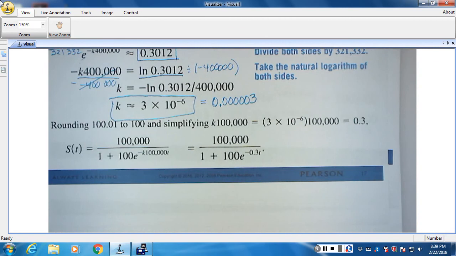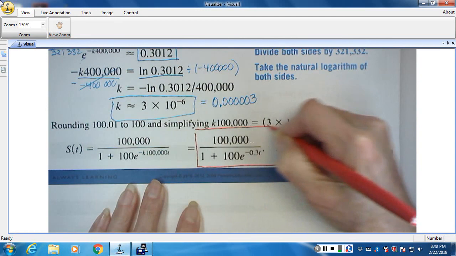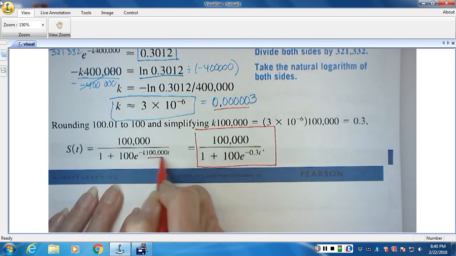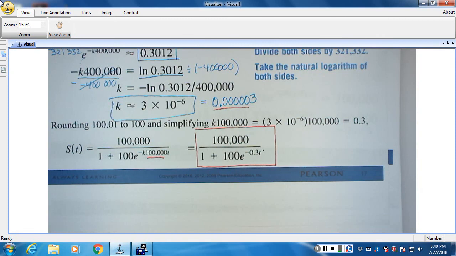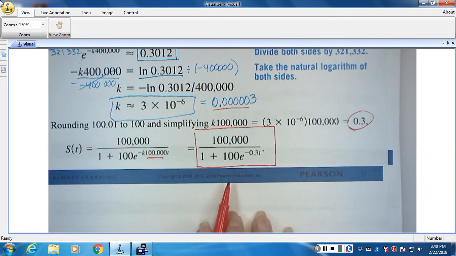That means this is what our formula looks like. Because when I take this number and I multiply it by 100,000, which was in the formula, that's what I wind up with. So there's your formula.